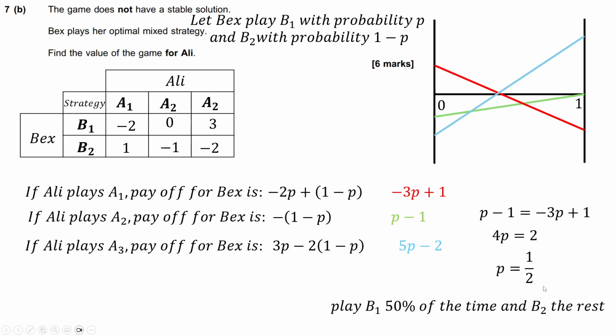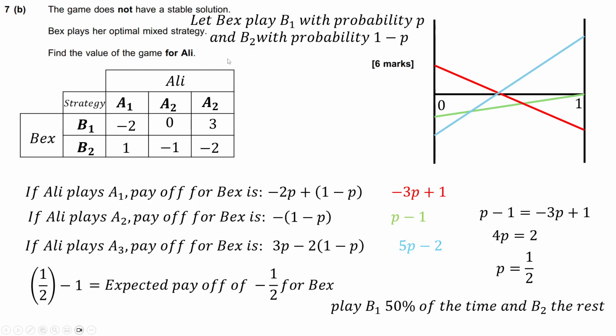Her expected payoff is, if you plug a half into either of these equations, say this one here, a half minus 1, which gives minus a half for Bex. But if Bex loses a half, that means Ali gains a half. So Ali's expected payoff is going to be a half.